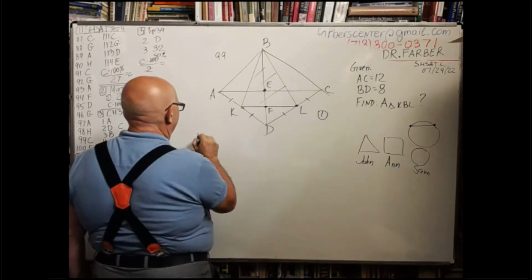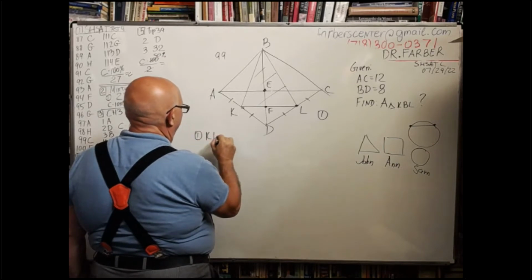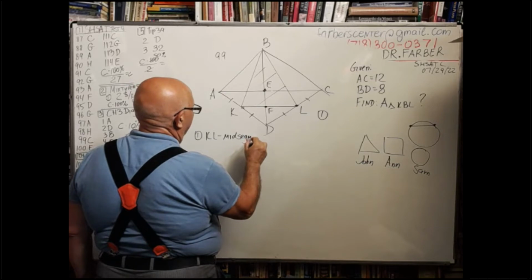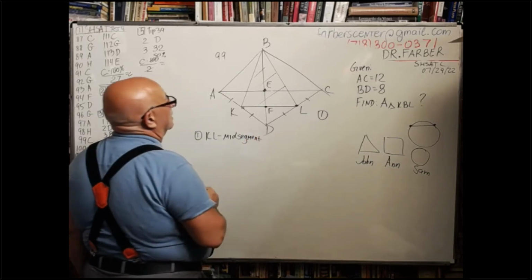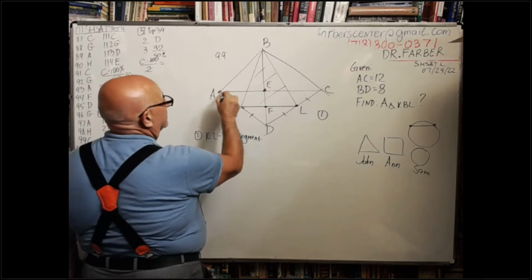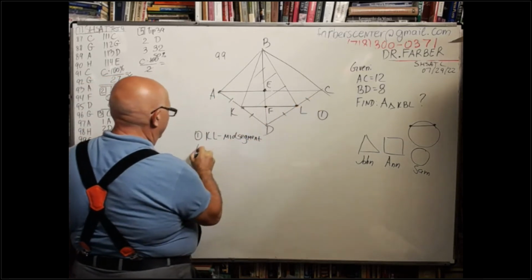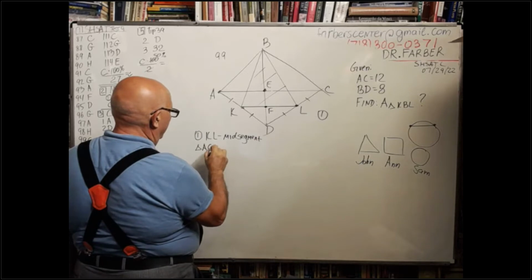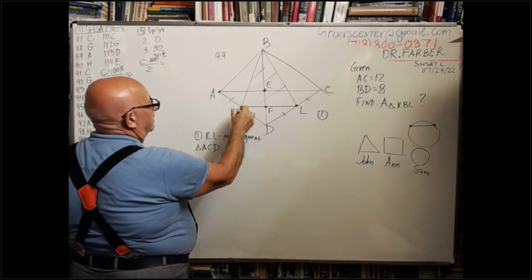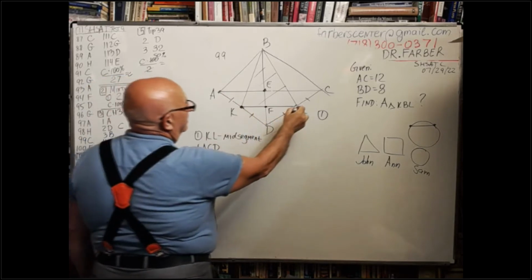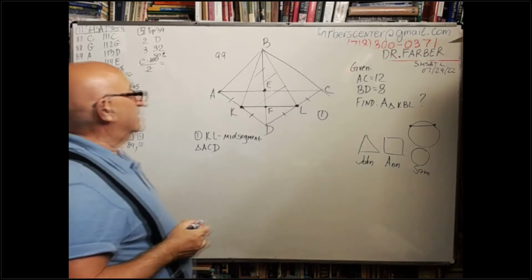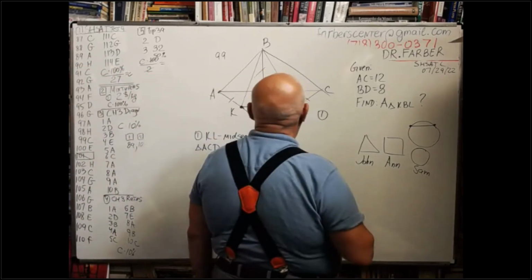So step number one. KL is mid-segment. We did many times with you. Why mid-segment? If I take triangle, for instance, ACD, and in this triangle, this is given. This is middle of this side, and this midpoint of this side, and the segment which connects midpoints is mid-segment.